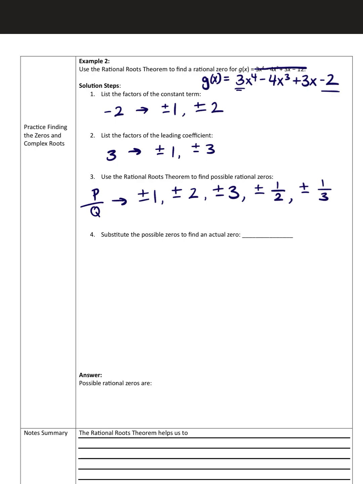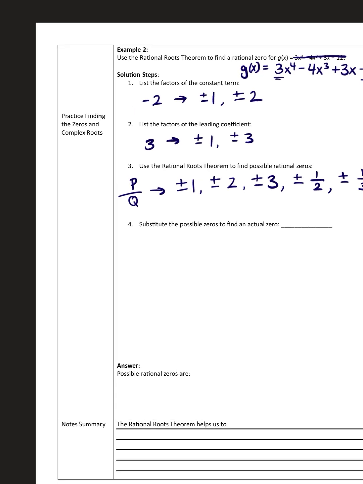So now we have a step 4 here. We're going to take one of these possible rational roots and plug it back into the equation to see if it's a possible zero, okay? There are multiple ways that you can check. You can use long division.